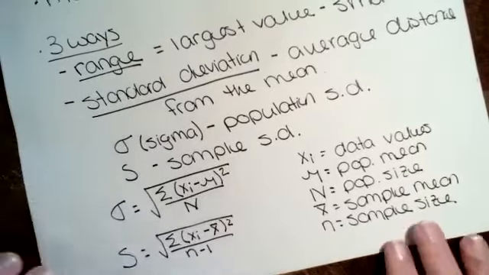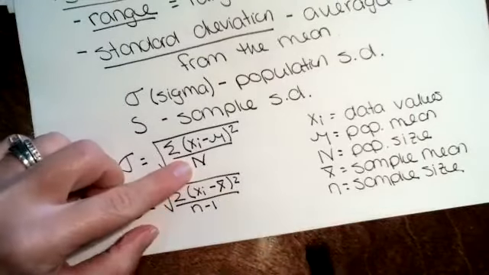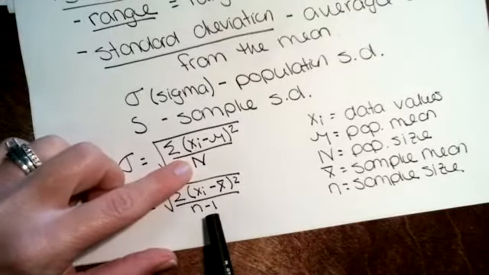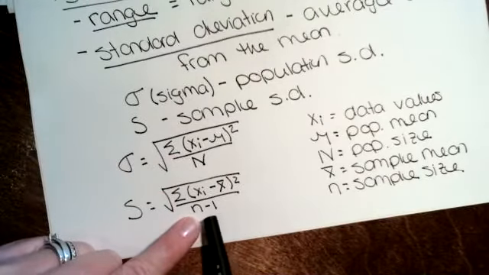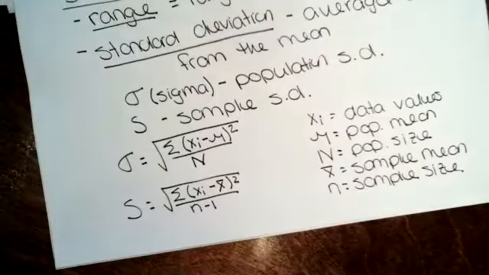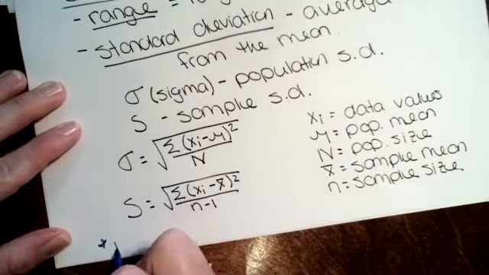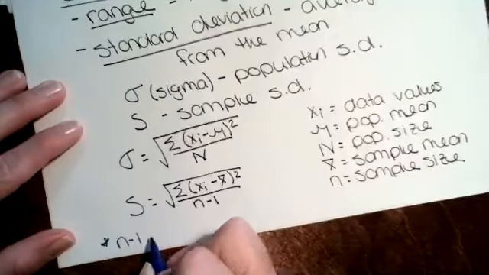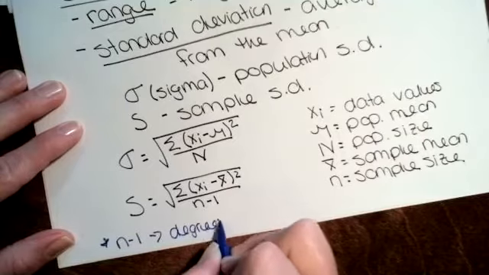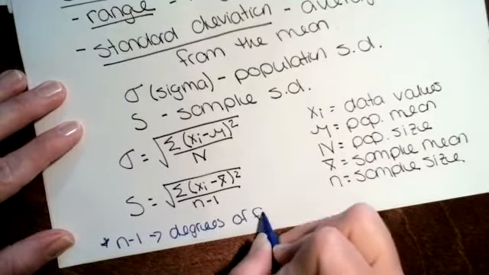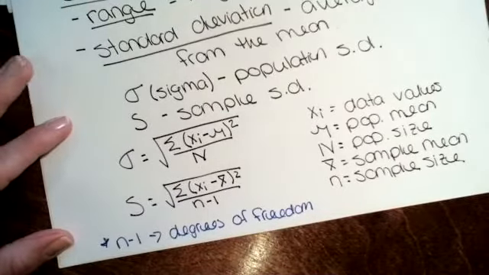So I'm not going to get into this a lot about the difference between the two just yet. We will a little bit later on, but n-1 is called degrees of freedom. And I'm just going to write it down so at least you see it. So n-1 is called degrees of freedom. And we'll talk about it a little bit more going forward.